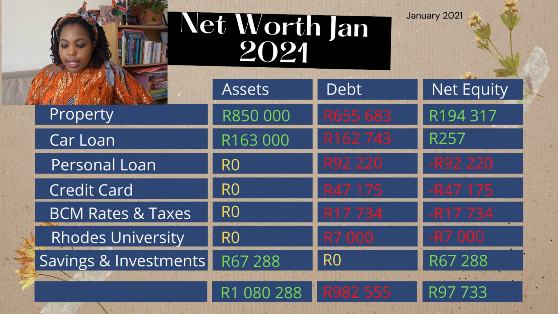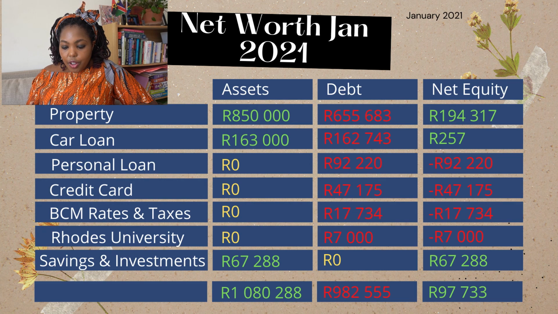So if I were to settle my car loan today, I would need to pay 162,743 roughly. So if you take the amount that the car is worth and subtract the debt I have on it, the net equity is 257 rands.